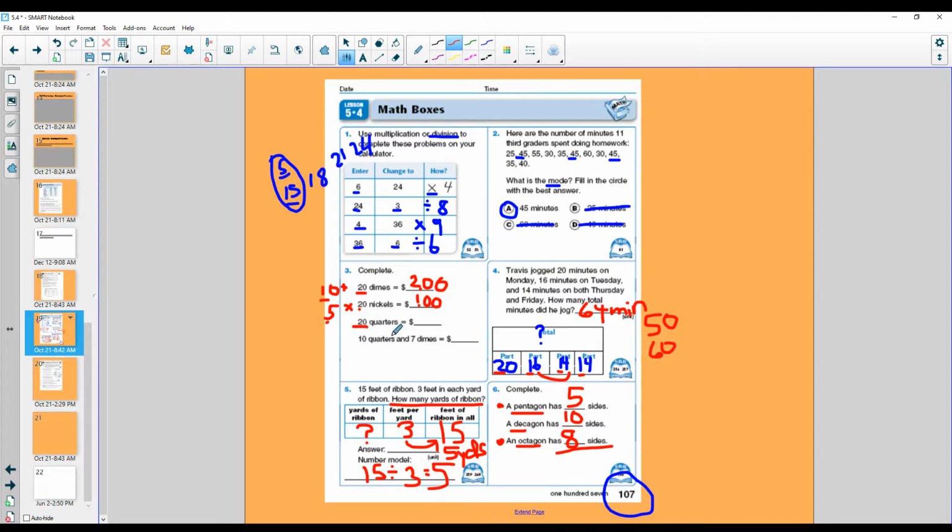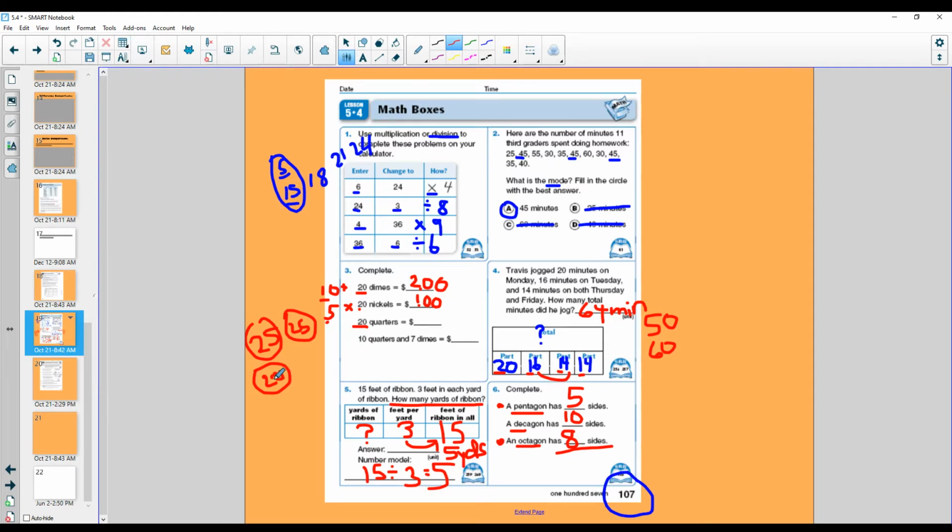20 quarters. This one's a little bit harder because with quarters, you are going to have 25 cents, okay? So if you have 20 quarters, well, think, how many quarters make $1? Okay, so yes, if you said 4, you are right.